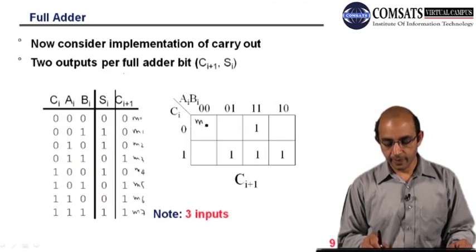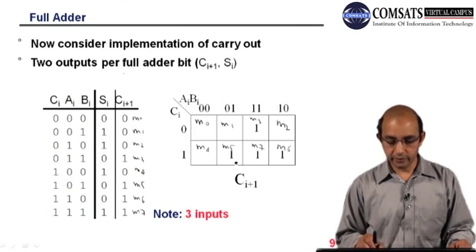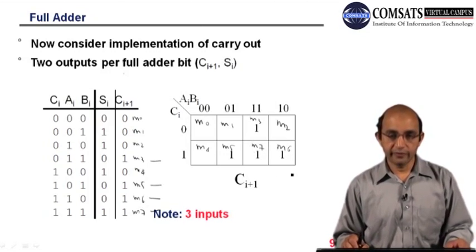M0, M1, jump, M2, M3, M4, M5, we have to jump, 6, 7, right? So you can see we have one here, one here, one here, and then one here. So M1, M3, 1, and then we have M5, 1 here, M6, 1 here, M7, 1 here.